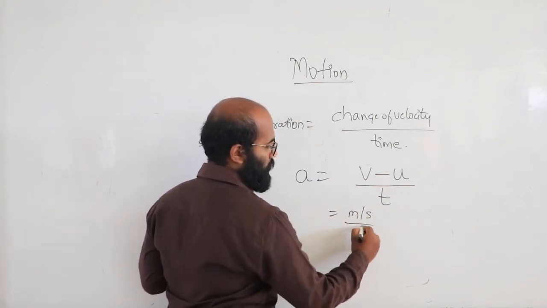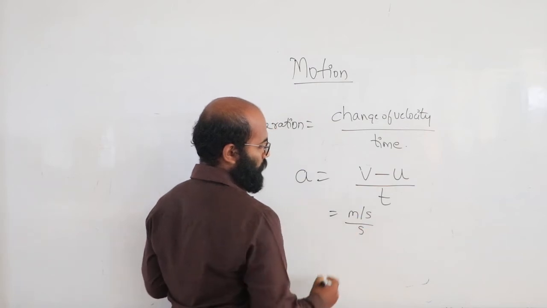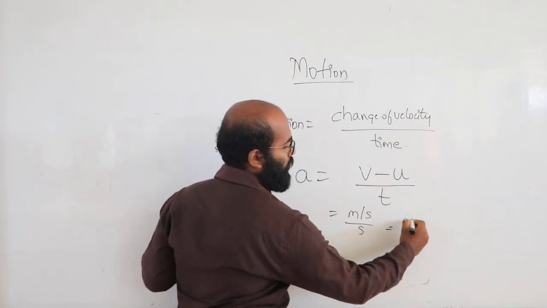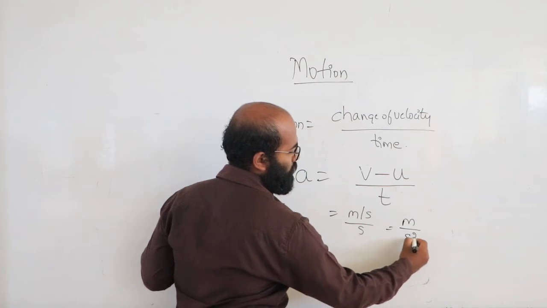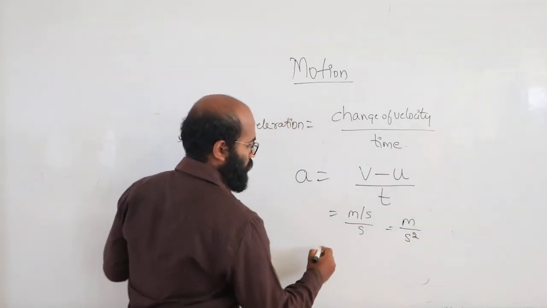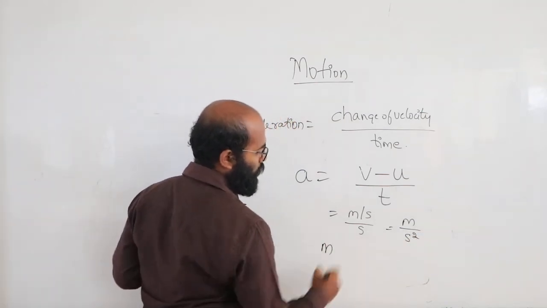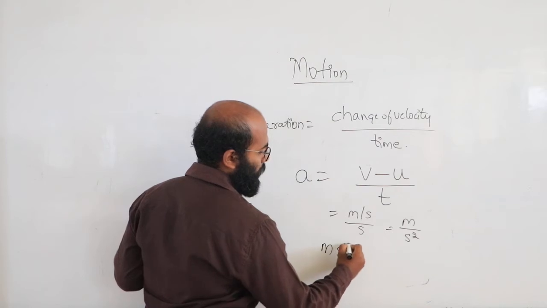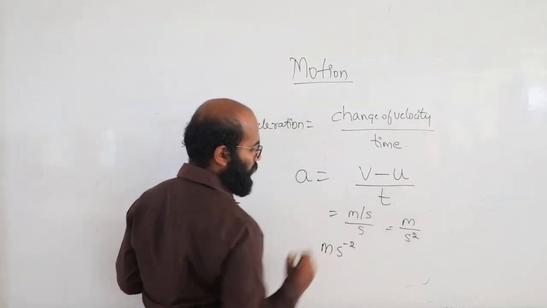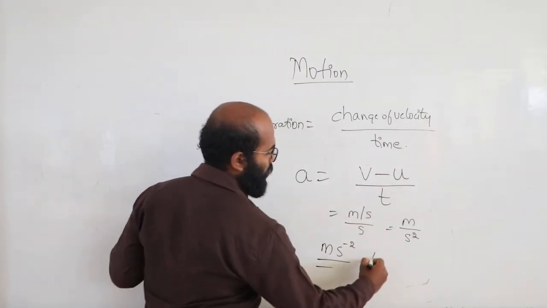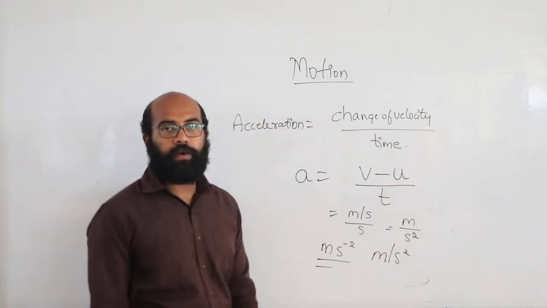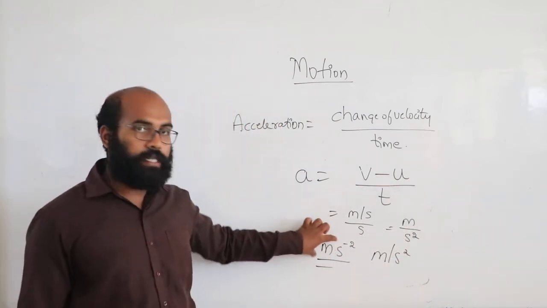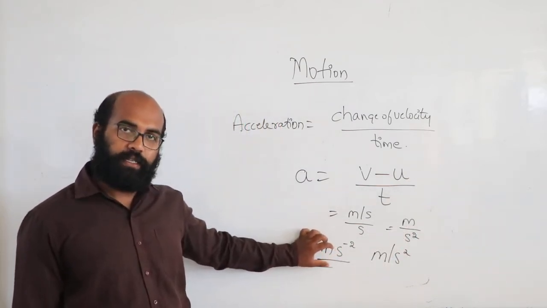The unit of time is second. So meter will be on top, seconds will come down and become second square. So the unit of acceleration is meter per second square.